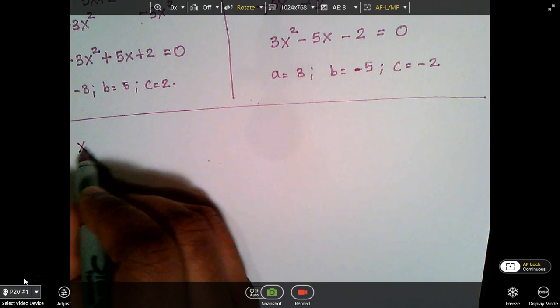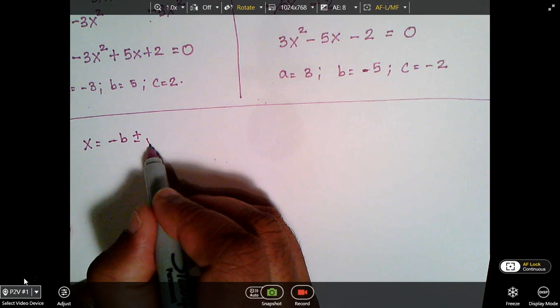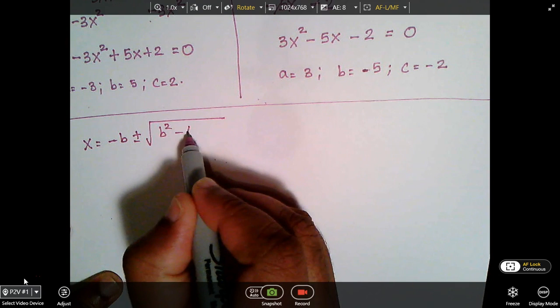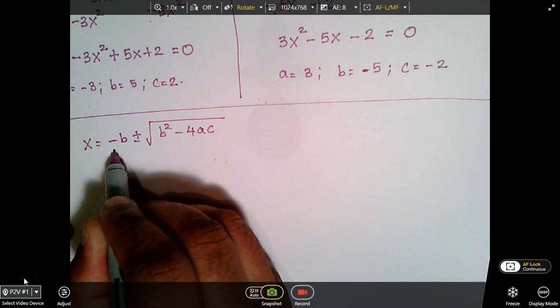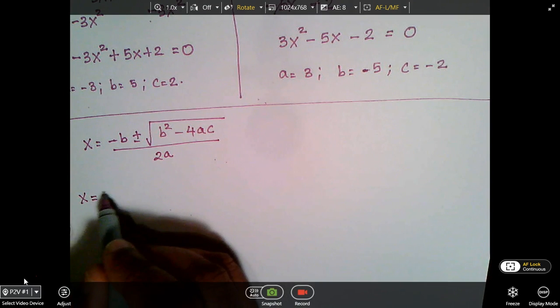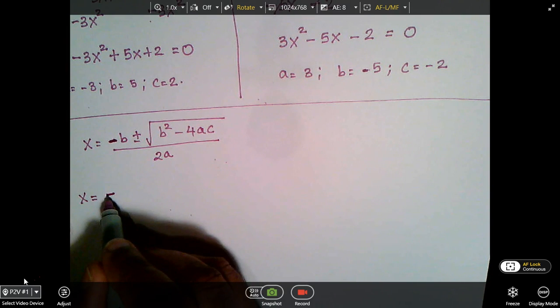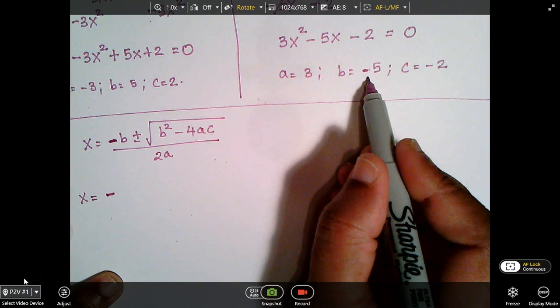So I have x equals negative b plus or minus square root of b squared minus 4ac all over 2a. So negative of, this is in the formula, right? That minus sign. b is negative 5.